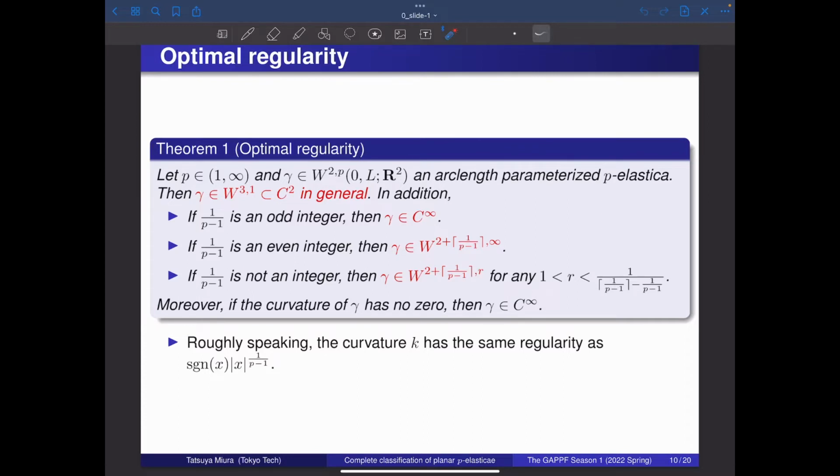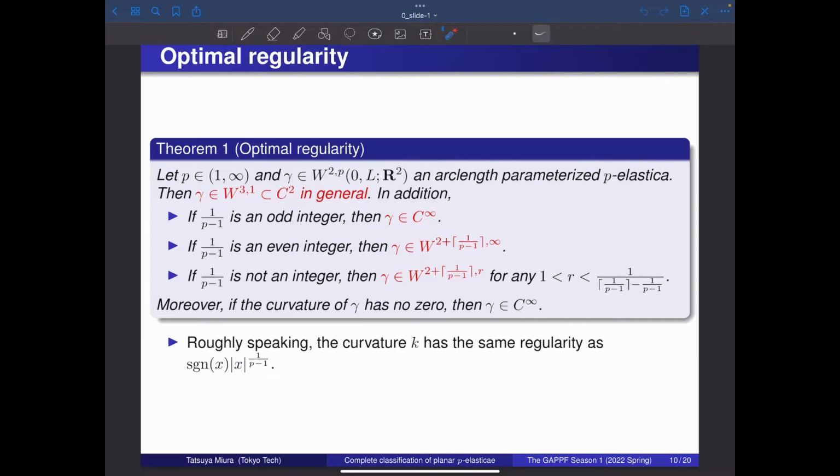Okay, so this is the first optimal regularity result. And so roughly speaking, this optimal regularity can be summarized as the curvature k has exactly the same regularity as this function. Here we denote the sign of x, the variable x, and here we have a function with exponent 1 over p minus 1 exactly.